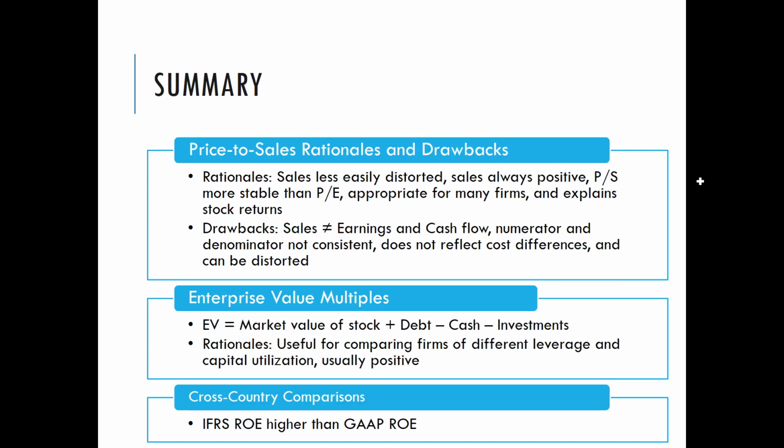We then said that if we don't have the price to earnings and price to book multiple, well, maybe let's just do a price to sales. Price to sales multiple is basically used when the other two are not positive or are not necessarily useful, in which case sales might be used. The big drawback here is really around the fact that sales does not tell you anything about the returns.